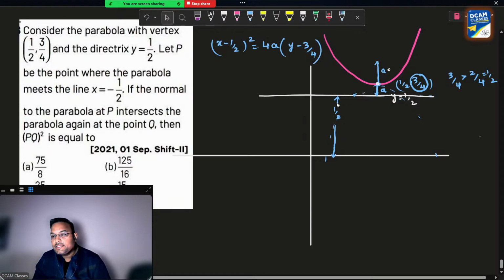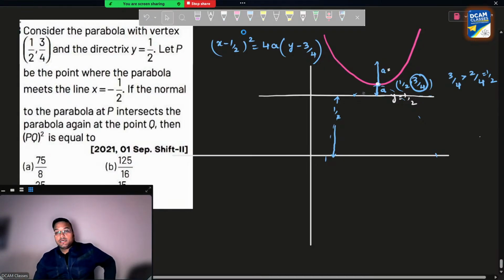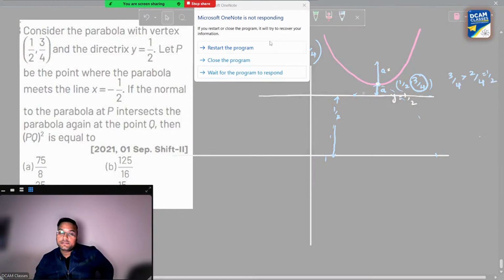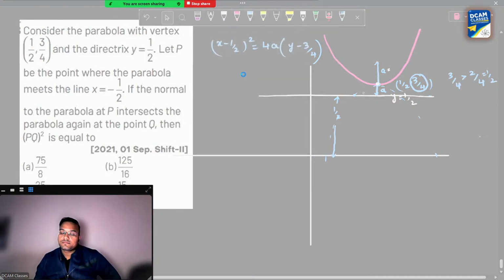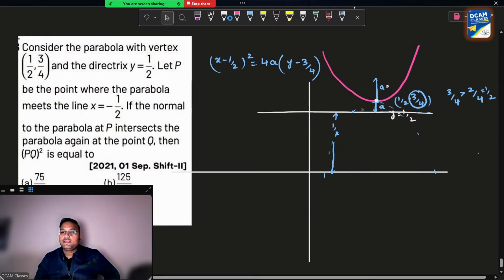And this distance, if I draw properly, why is it hanging? I should have taken a new page. That's what I am telling. The distance of the vertex from the x-axis is 3 by 4. If you subtract 3 by 4 from half, you'll get the value of a.